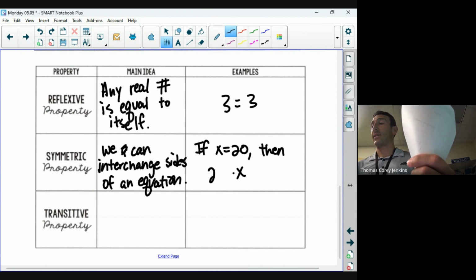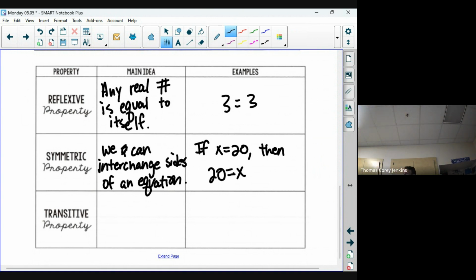If x equals 20, then 20 equals x. Wow, screwed that one all up. So we just flip-flop it. Sometimes the reason this can be helpful is that they put the variable on the right side, and that throws people off. But if you end up with 20 over here and x over there, that's the same as x equals 20.